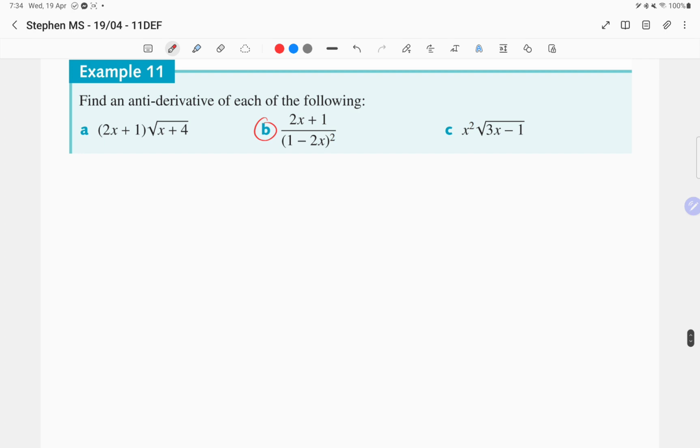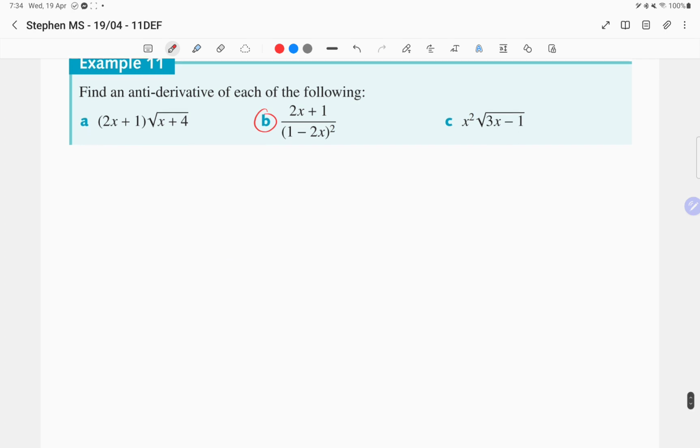Question B. You see question B is the same thing. Antiderive 2x plus 1 over 1 minus 2x, everything squared, dx. If I were to work it out normally in the exam, I would let u equal 1 minus 2x, and then du over dx would be negative 2.